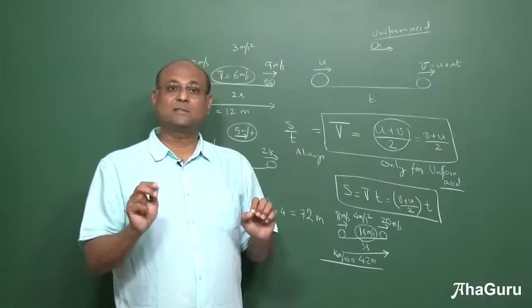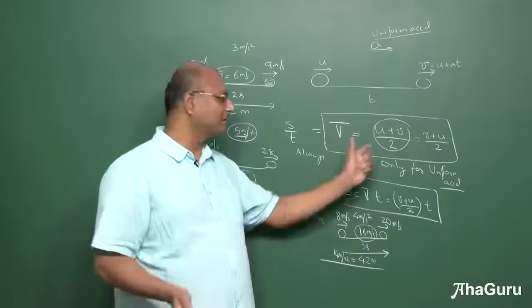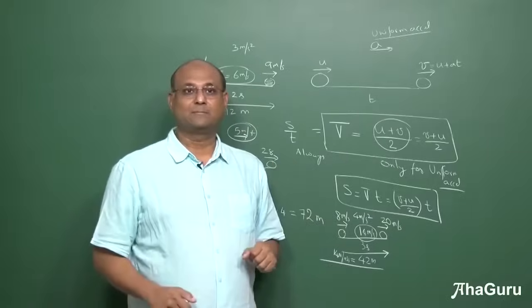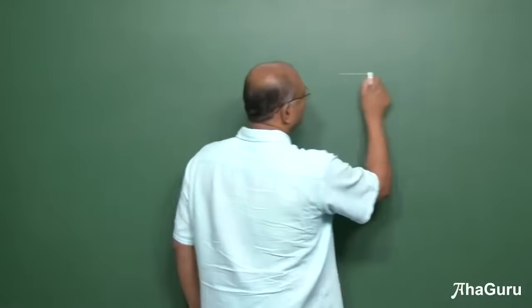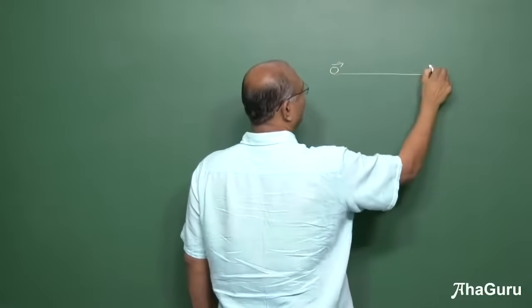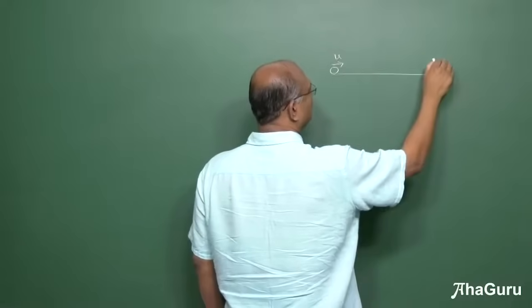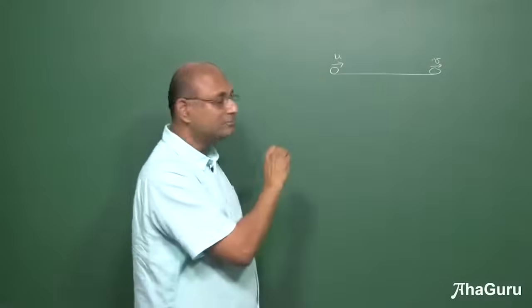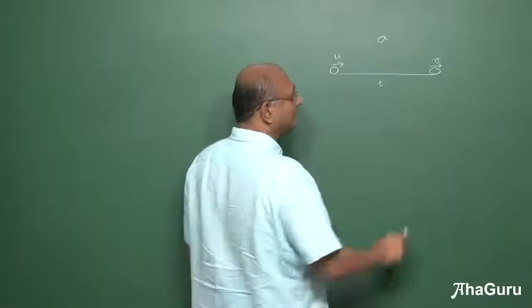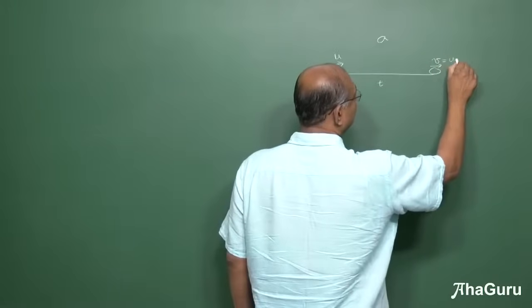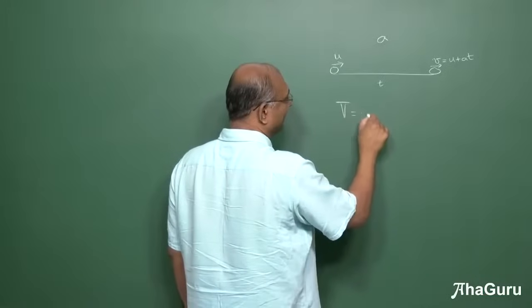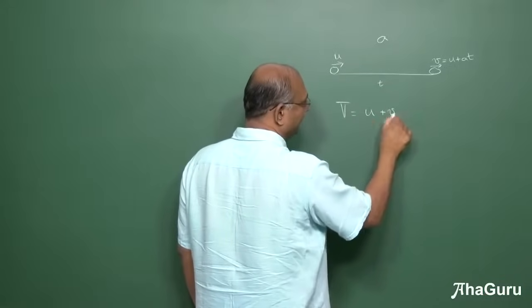Let us now apply this to some slight modifications so that we will be able to come up with another formula for displacement. Now we know that displacement is average velocity into time, and average velocity was u plus v by 2. But if I have acceleration a and this object was traveling for time t, that means this velocity itself is u plus at. So what is average velocity? u plus v by 2.